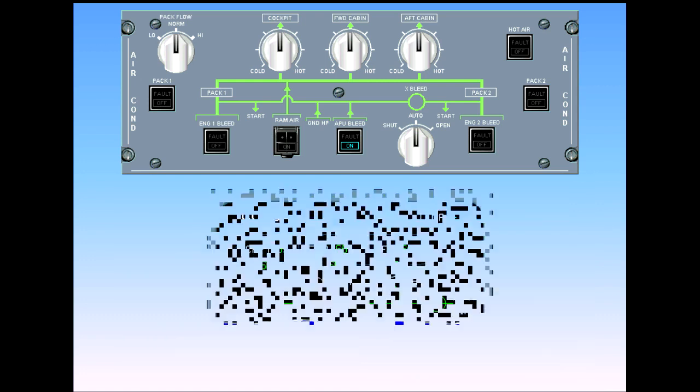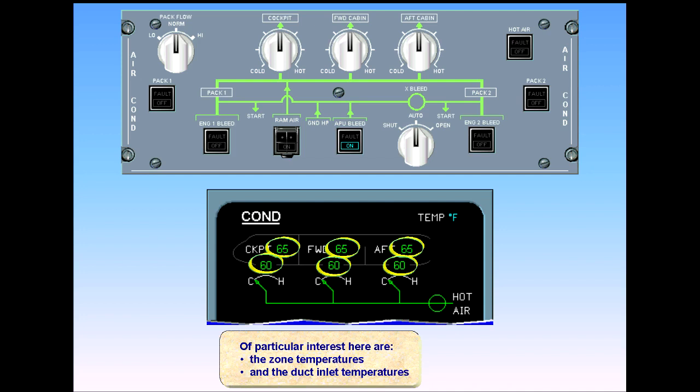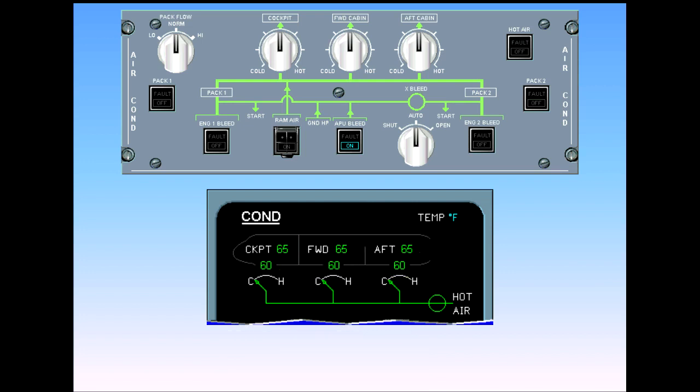Of particular interest here are the zone temperatures and the duct inlet temperatures. Temperature regulation is achieved the same way for all zones. We will demonstrate the concept using the cockpit zone as an example.